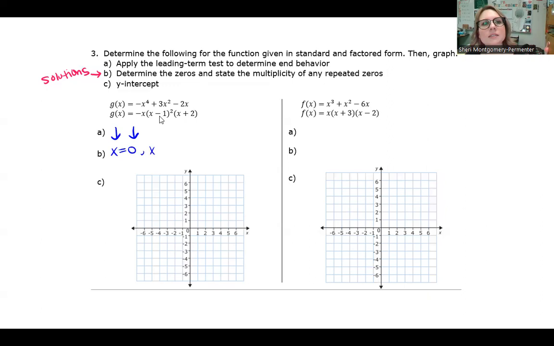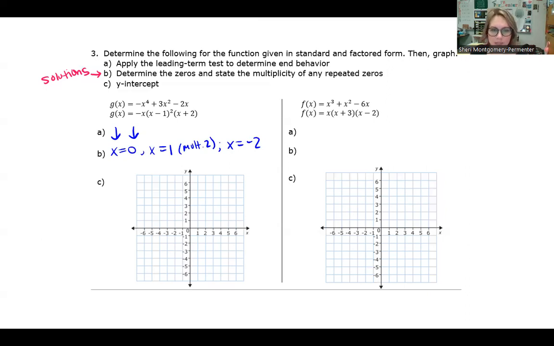Then x is equal to 1, and it's a multiplicity of 2. And then I have x is equal to what? Negative 2. Good job.